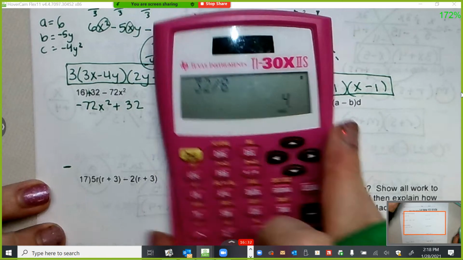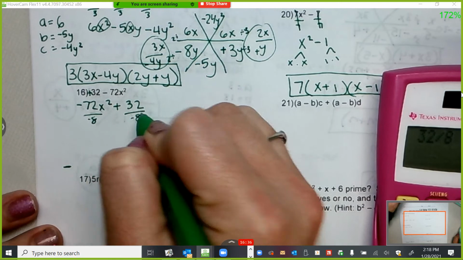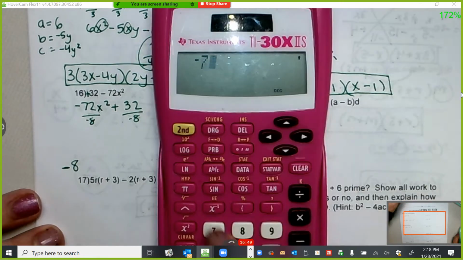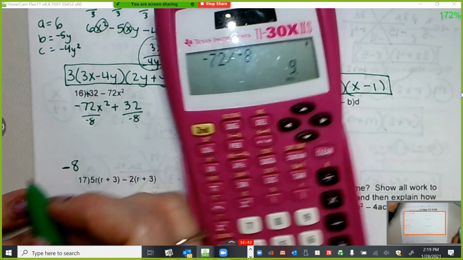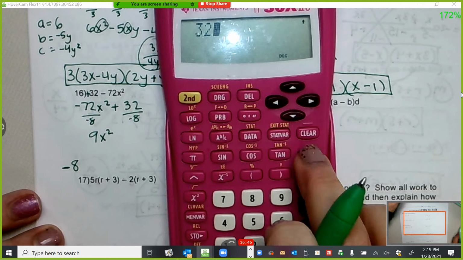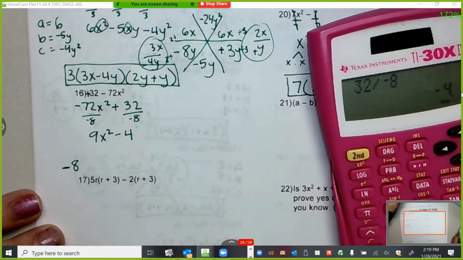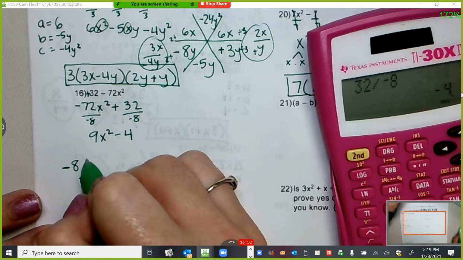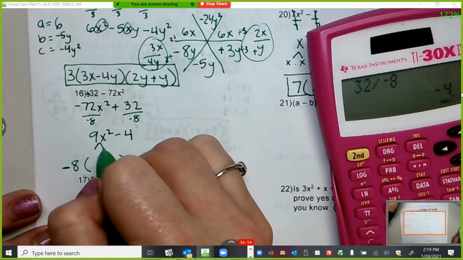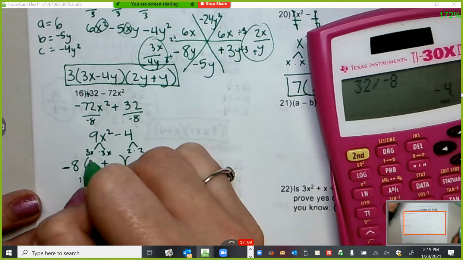Yep. Okay, so 8 goes into both of these, so I'm going to take out a negative 8. Negative 72 divided by negative 8 is positive 9x squared. 32 divided by negative 8 is negative 4. Now this is a perfect square minus a perfect square. 3x times 3x, 2 times 2.